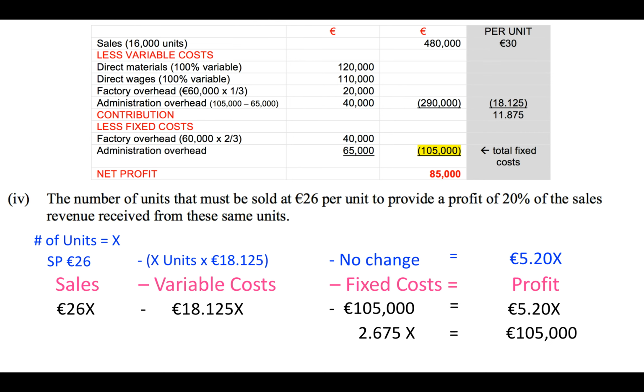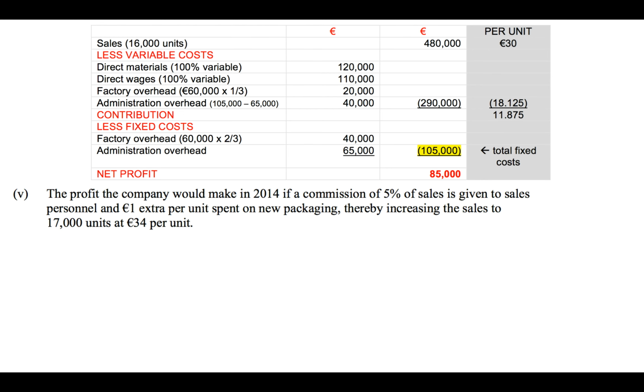So 2.675x is equal to 105,000 euro. So x then is equal to 39,253 units. And that's the answer to number 4.